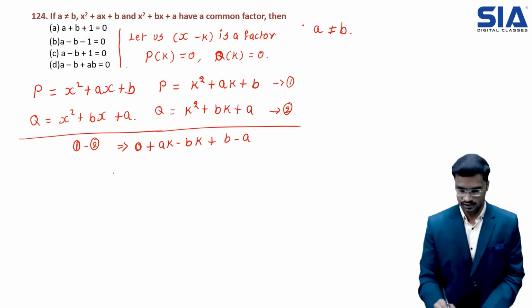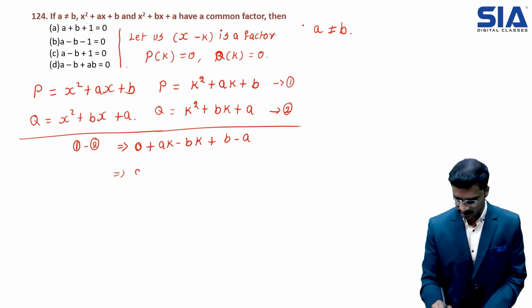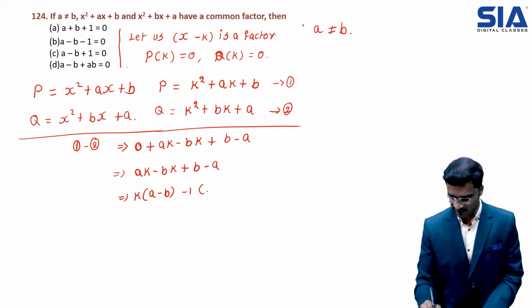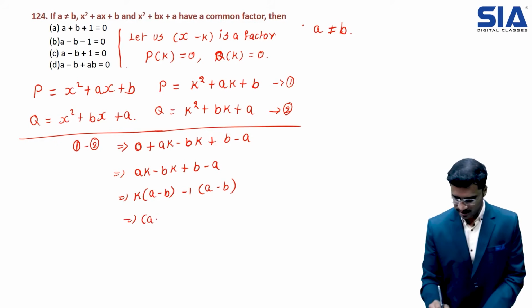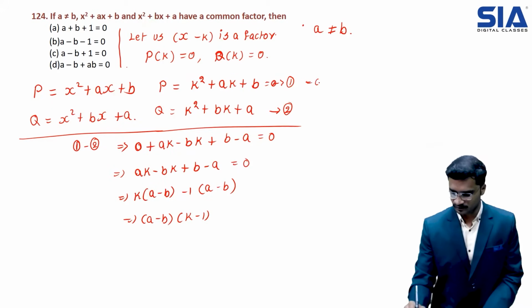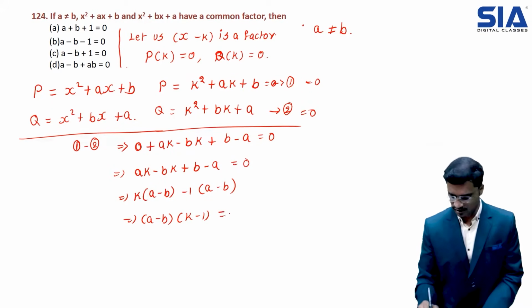Then taking k as common, a minus b, and taking minus 1 common, the value here will be a minus b. So a minus b into k minus 1 is equal to 0.